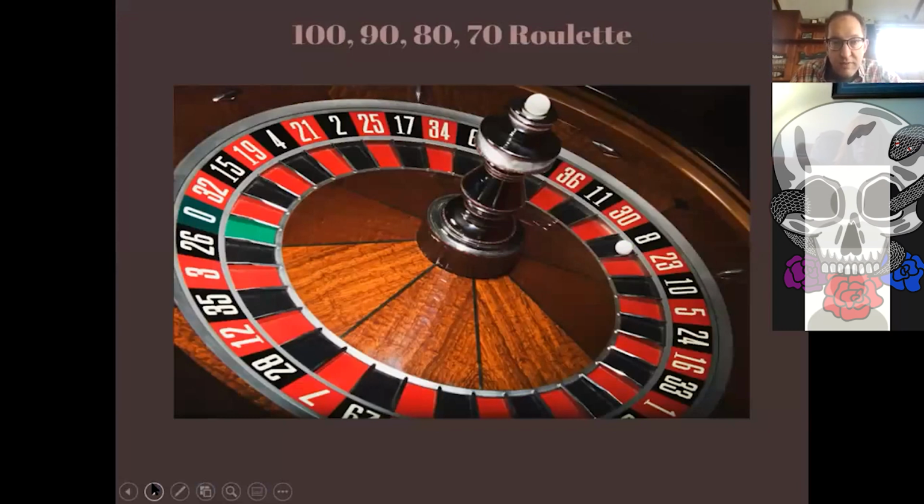This one I love. It's called 100, 90, 80, 70 roulette. And it kind of goes to the comment earlier about the school that has done away with the pluses and the minuses. What I'll do is take a paper that I would score 100, 90, 80, and 70.